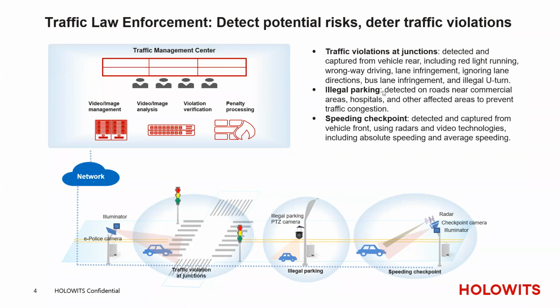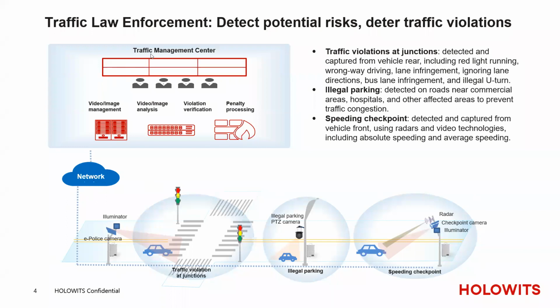And the illegal parking, this is we can detect the car license from the cameras, and also like the speeding checkpoint. We can detect how many speed cars are running on the road. So if he exceeds the maximum speed, the speed limit, there will be an alarm to our platform. So this is our structure of the normal scenarios.